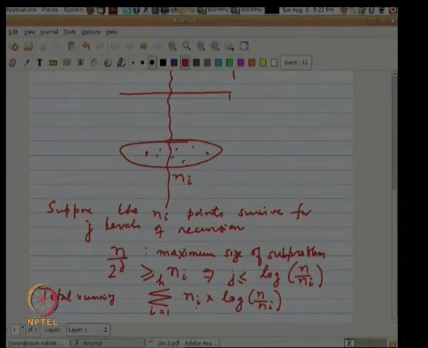This is essentially the formula that you get if you have n sub i elements of the ith kind, and this is always less than n log h, which you can prove fairly easily. In many cases, depending on the distribution, this could be much better than n log h.